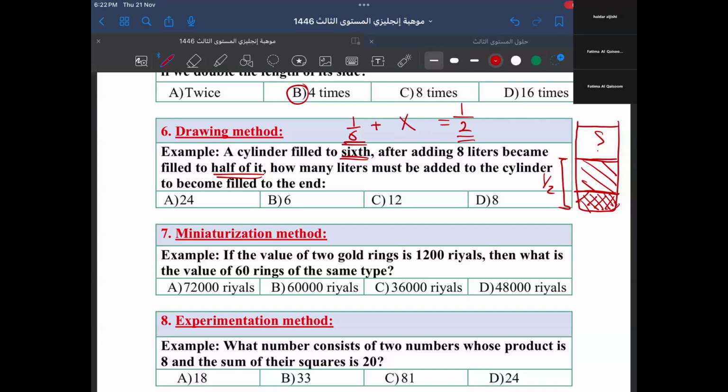I'm going to solve for x, so x will be equal to half minus 1/6, which also equals 3/6 minus 1/6, because I have to unify the denominators. So it will equal to what?